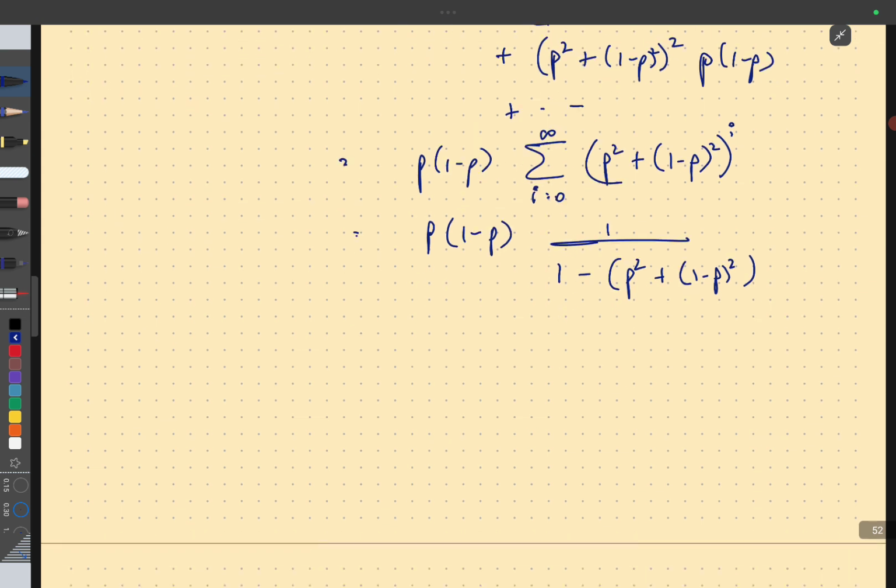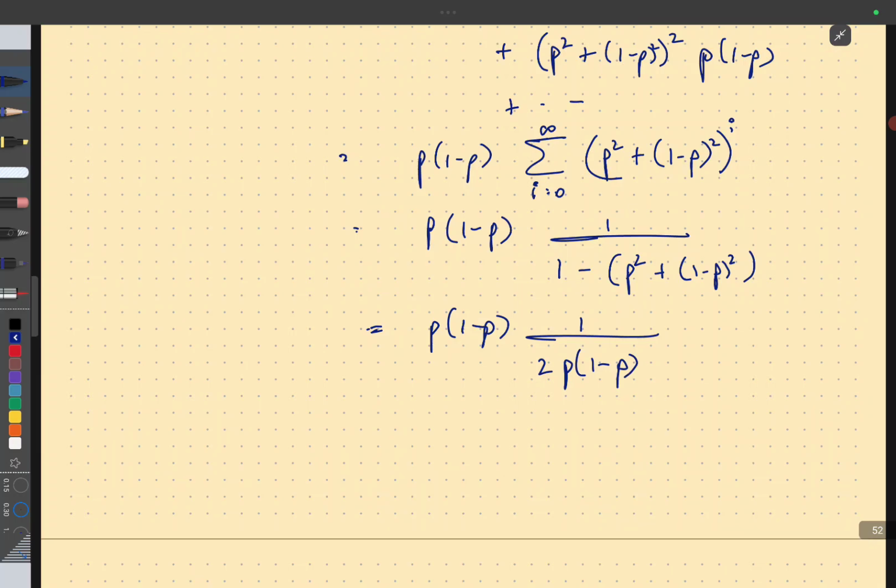Correct? What is the denominator equal to? So it's p into 1 minus p times 1 by 2p into 1 minus p, which is just half.